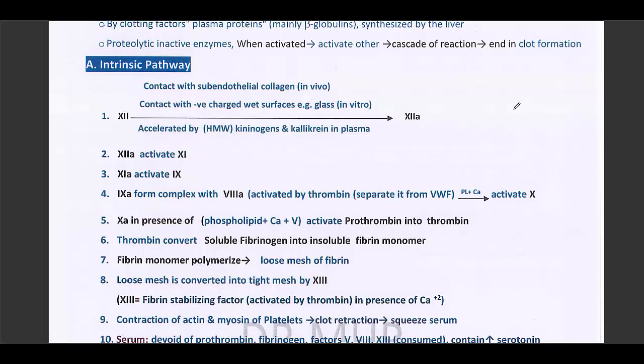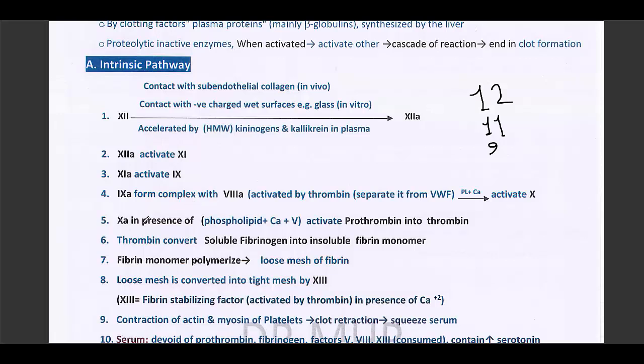Factor 12, exerted by HMW kininogens and kallikrein in plasma, turns to factor 12A. 12A activates factor 11. Factor 11A activates 9. So it started 12 to 11 to 9.